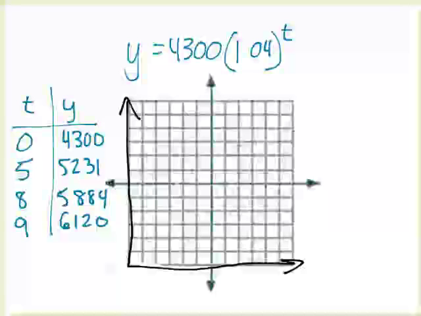Now when we graph this, we have some options. On our x-axis, we'll just count by ones because we only need to go out to 9, so that's not a big deal. But on the y-axis, we have to go all the way up to 6,000. So one option would be to count by something pretty big so that we could fit everything in. Another option, which is something that they really love to do on standardized tests a lot, is actually break part of the graph out and then start counting at a different value.